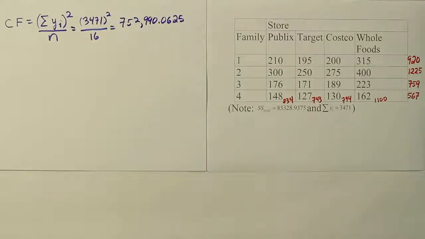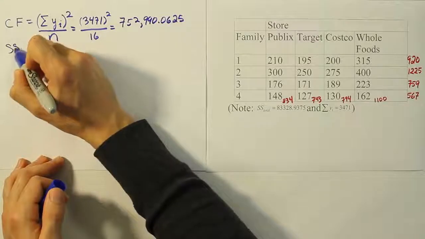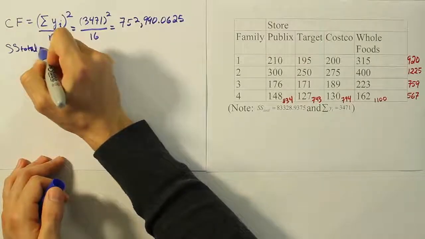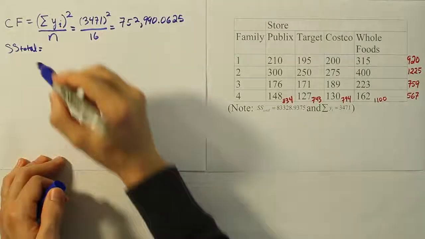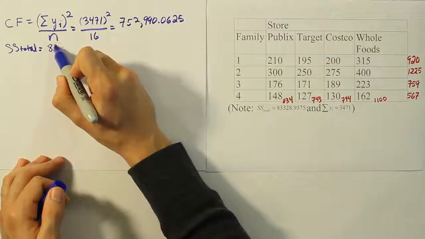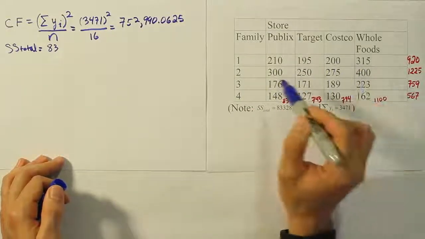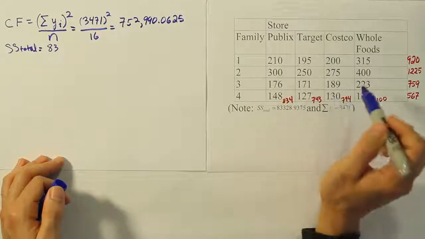All right, so let's now go on to the next step, which is to come up with the sum of squares total, or the total sum of squares, SS total. Luckily, that's been done for us, so we don't have to do all the work that's required. It's the same work we did in the previous, by the way, completely randomized design problems. If you want to get the sum of squares total, you actually square each and every single value in the table. That takes a lot of work, right?